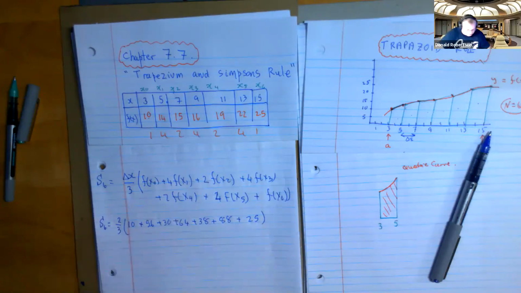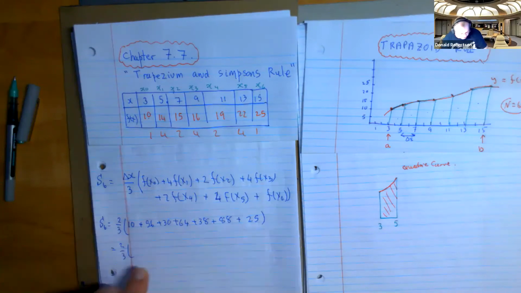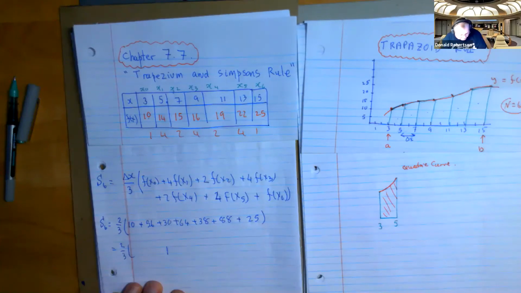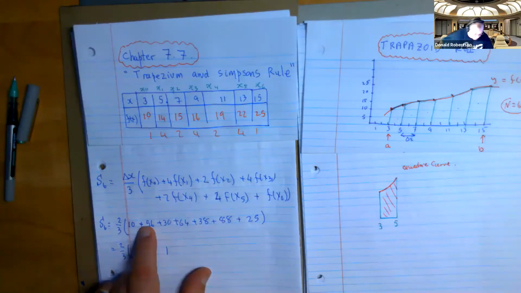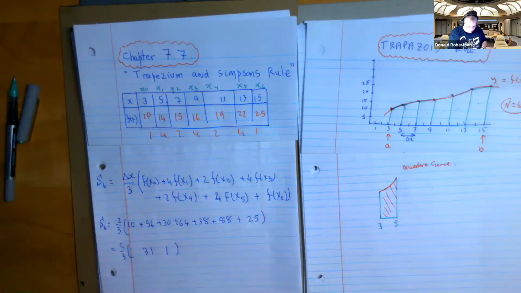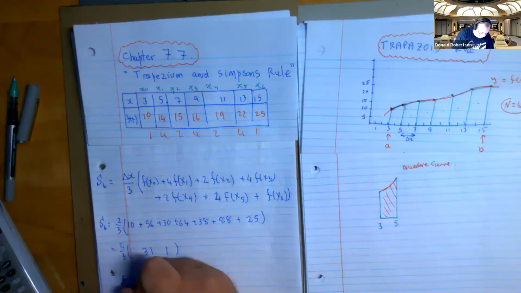Right, so it's now going to be 2/3 times 311. See what that looks like. 2 times 311 divided by 3. And the answer I get is 207.3.